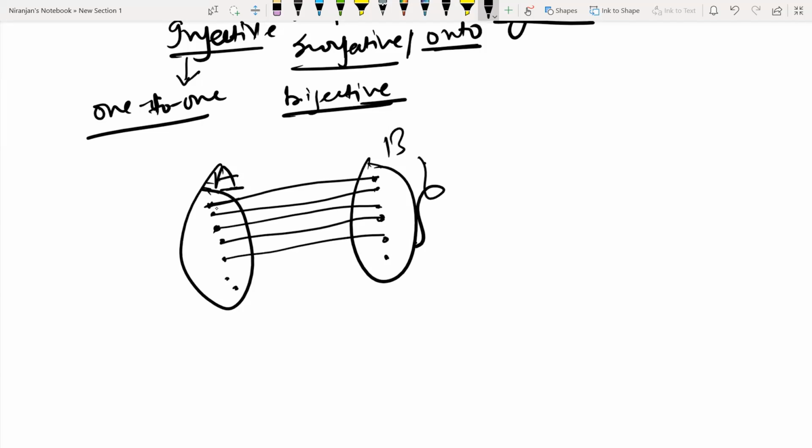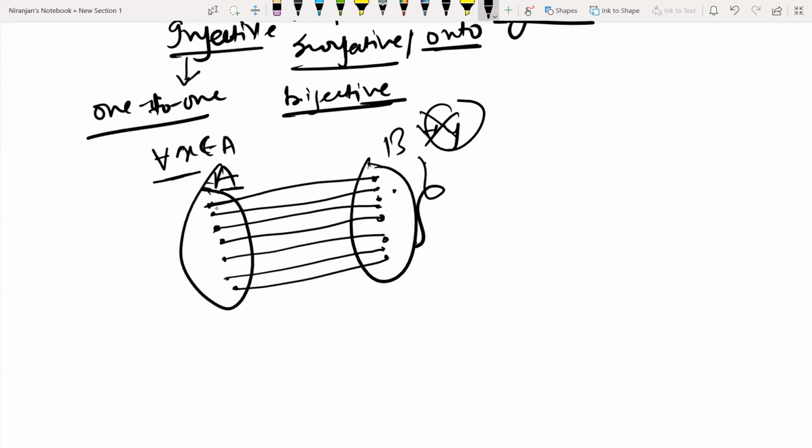You got it? So your definition should be very precise. Preciseness that I'm sure you guys are getting. And if I have one element left here or left here, I do not have to worry about it, because I'm not mentioning that all element, such as x belongs to A, that is there. I do not have to worry about all y. What exactly do I mean when I say I do not have to worry about each element in B?